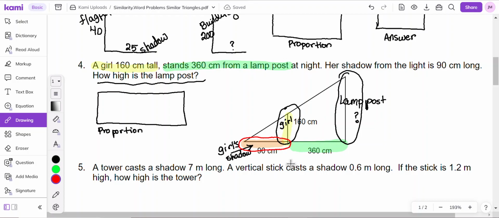The girl's shadow is going to correspond to? Louder. Everybody wrote a proportion, but nobody wants to share. The total of 90 plus 360? Beautiful. Which is how much? 90 plus 360.